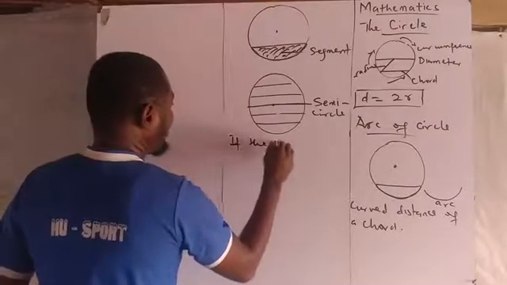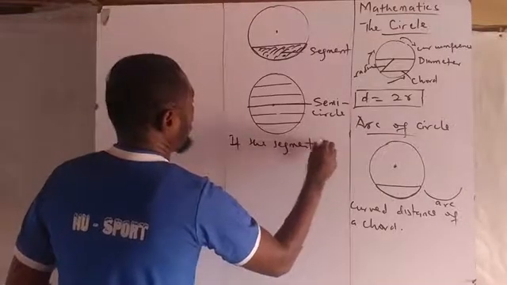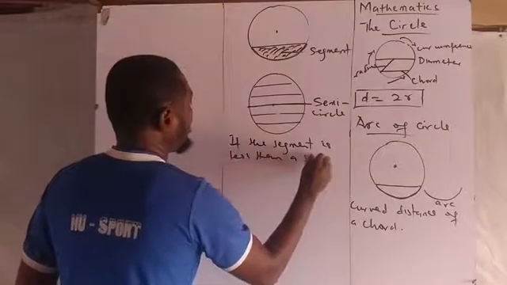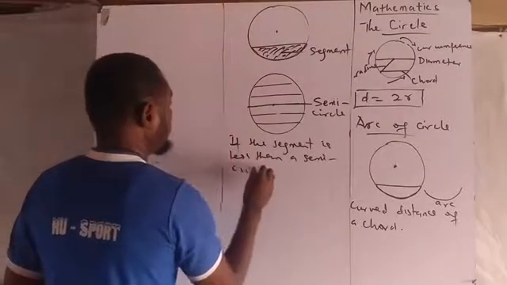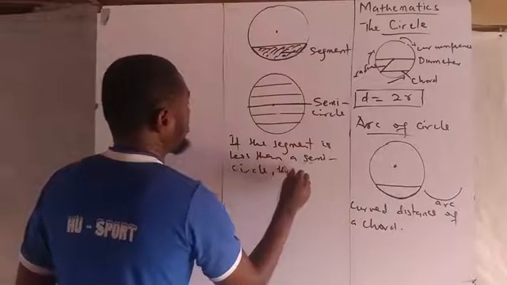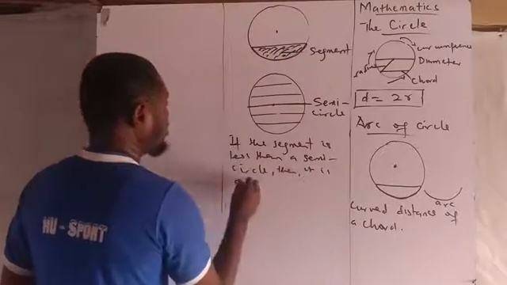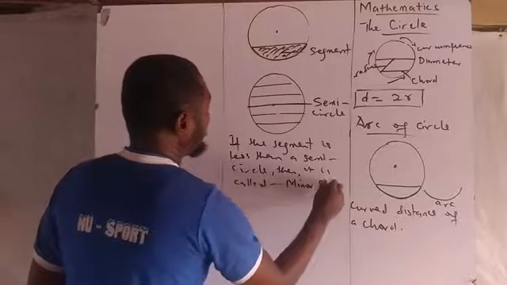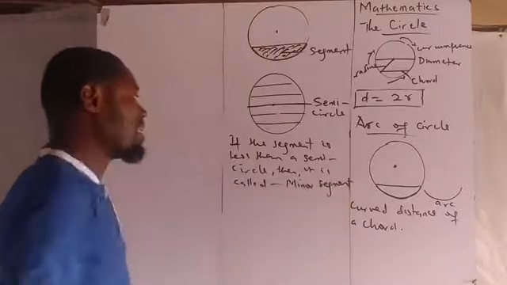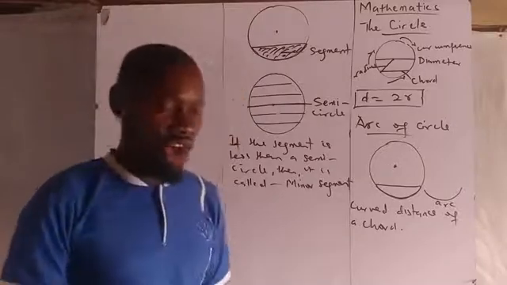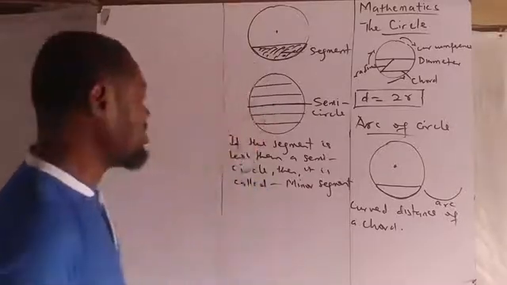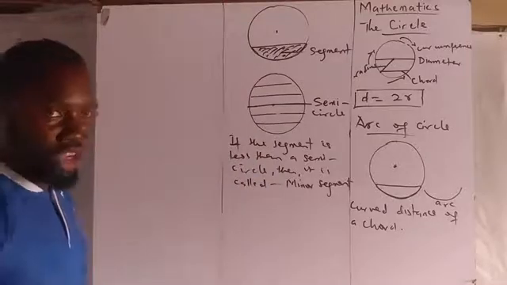If the segment is less than a semicircle, then it is called minor segment. But if it is more than a semicircle, it is called major segment.